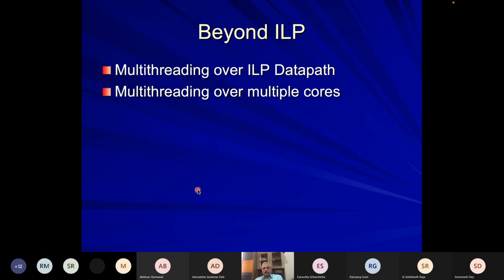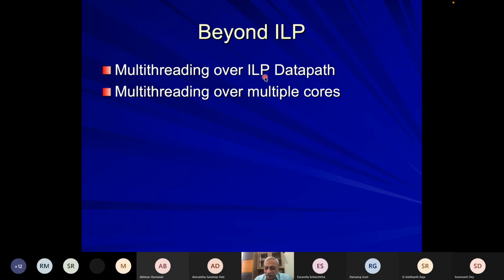So instruction level parallelism or fine-grained parallelism has its own limit. To go beyond that, you need to look at things like multi-threading. You have multiple streams of computation which can be done independently. So you can look at multi-threading over ILP data path.